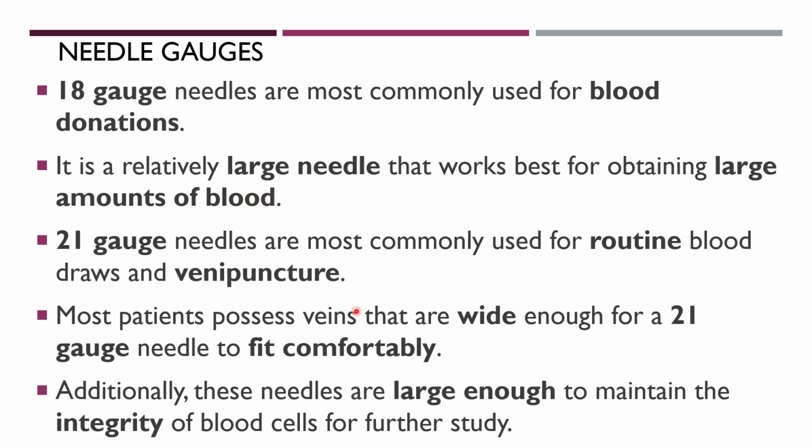Additionally, if the needles are not large enough, some blood cells may shrink when we try to take the sample from the patients. So it's essential to use a 21 gauge needle, which is enough and can fit comfortably.